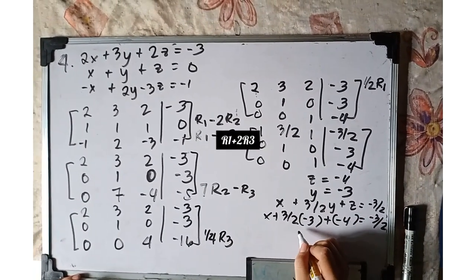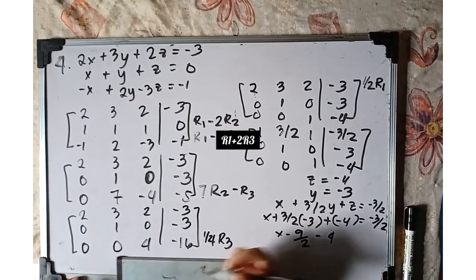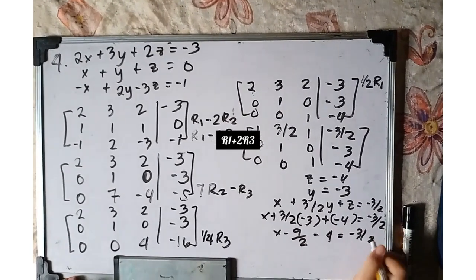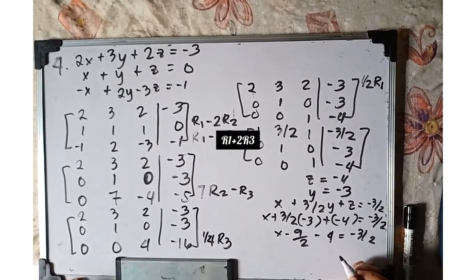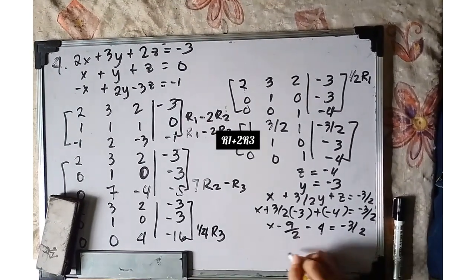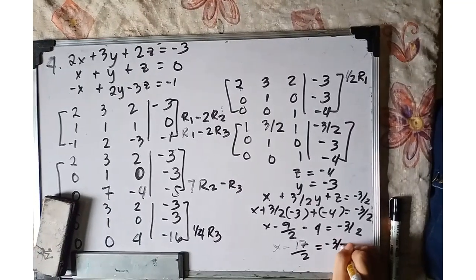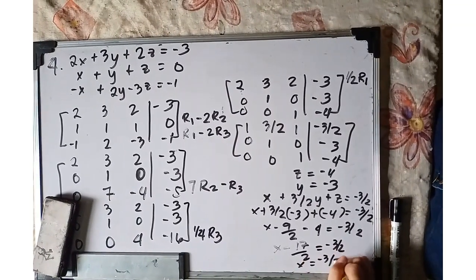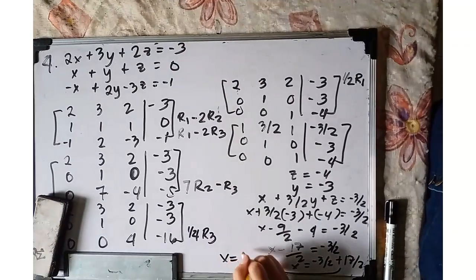X plus 3 over 2 times negative 3 is x minus 9 over 2, minus 4 is equal to negative 3 over 2. So negative 9 over 2 minus 4 is negative 17 over 2, so x minus 17 over 2 is equal to negative 3 over 2. X is equal to negative 3 over 2 plus 17 over 2, so x equals 7.